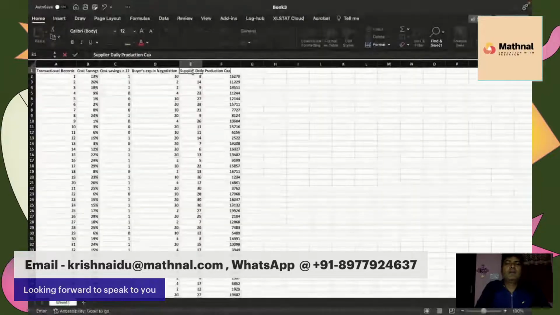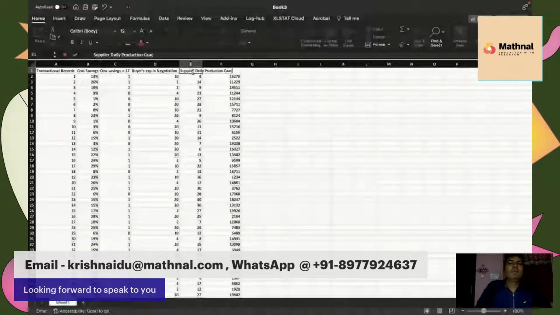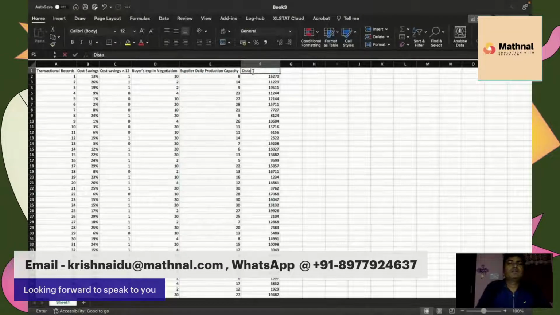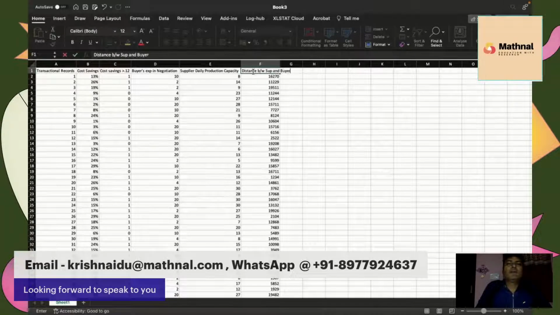So I'm going to create random data instead of a structured one: distance between supplier and buyer.